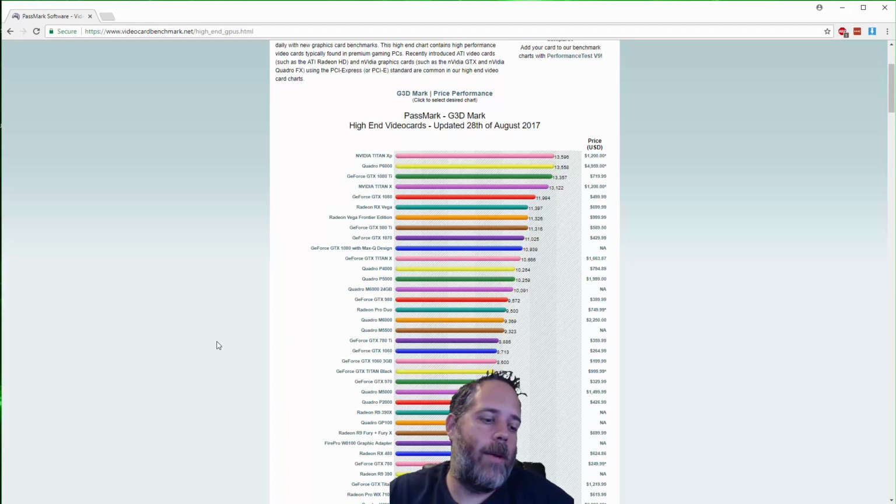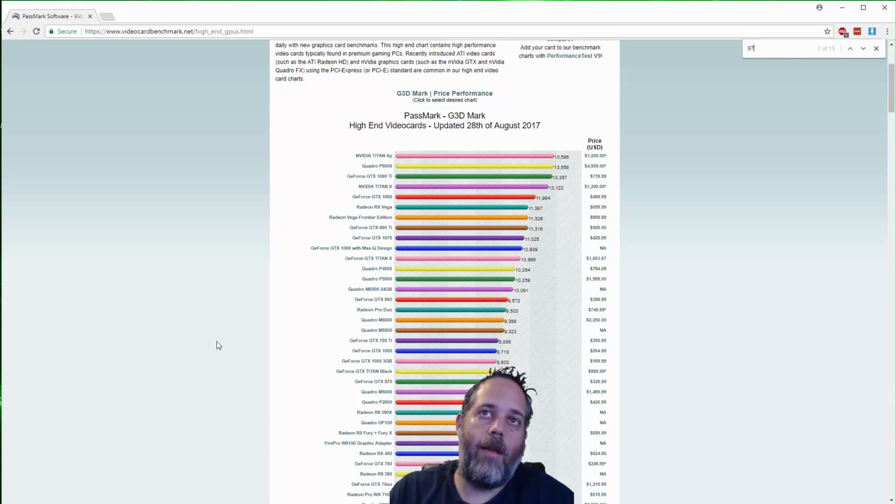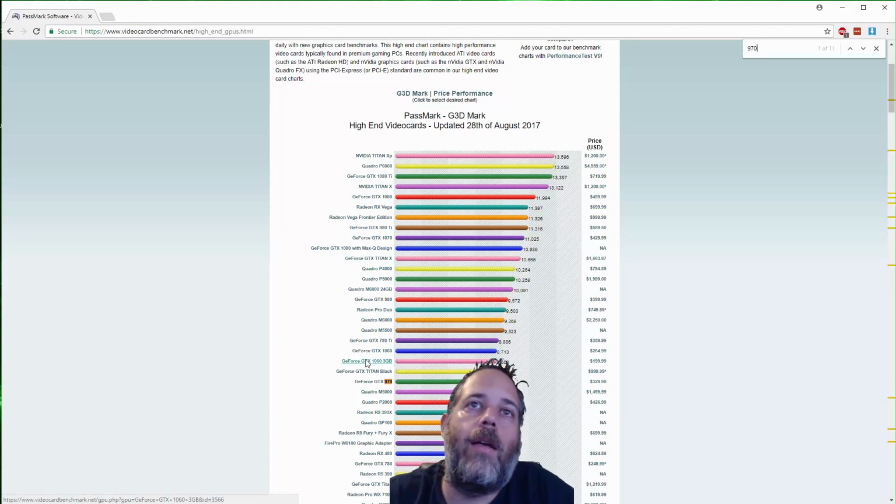The very minimum I would recommend is something around a GTX 970. Any one of the cards at this level, not the Quadro ones, which are specific for other things. They're not really for gaming. So a 390X or a 970 are the bare minimum.